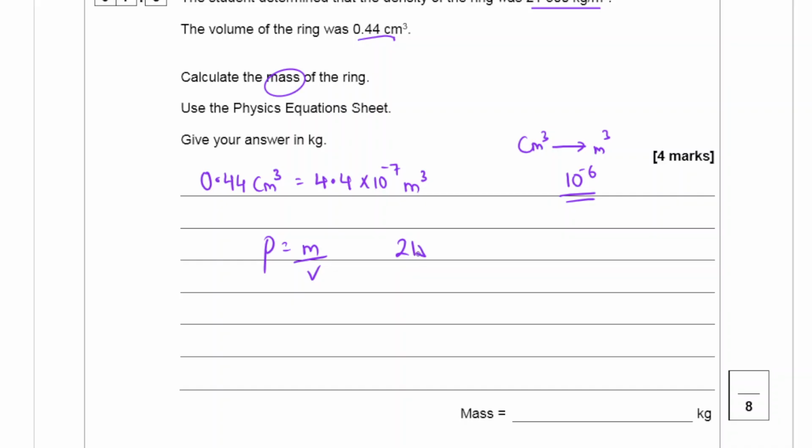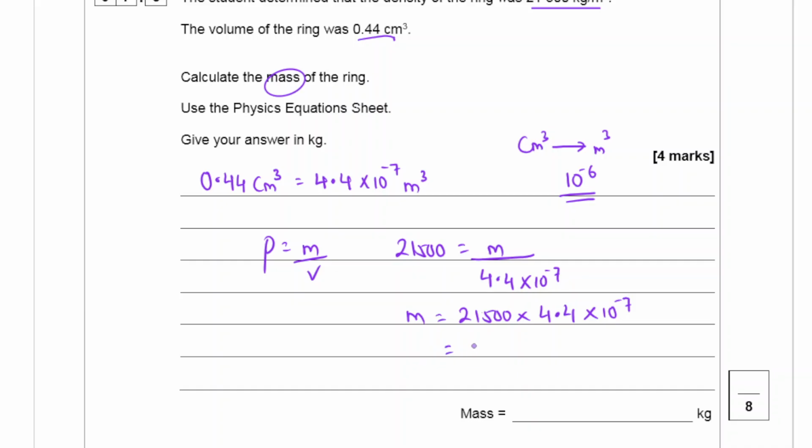So 21,500 is equal to mass over volume, which is 4.4 times 10 to the power minus 7. The mass is equal to 21,500 multiplied by 4.4 times 10 to the power minus 7.